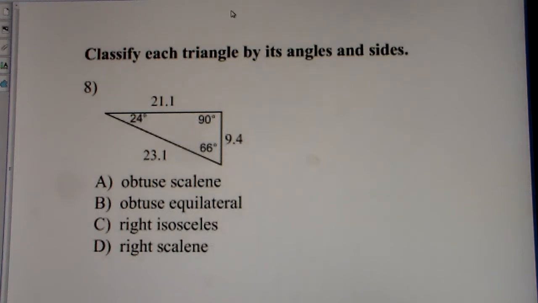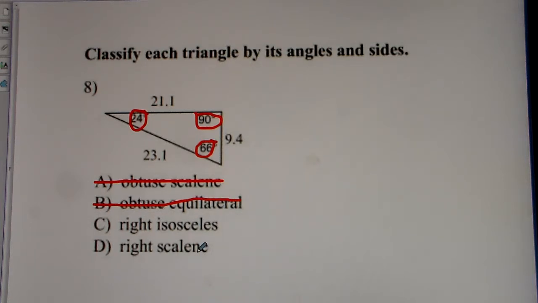If all three of these interior angles, 24, 90 and 66 in this case, are less than 90 degrees, then you have an acute triangle. If one of these angles is 90 degrees, you're going to have a right triangle. So I already know, since it's a right triangle, it's not an obtuse equilateral and it's not an obtuse scalene. So I could cross out A and B. I have a right triangle.